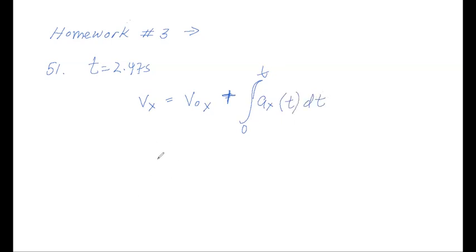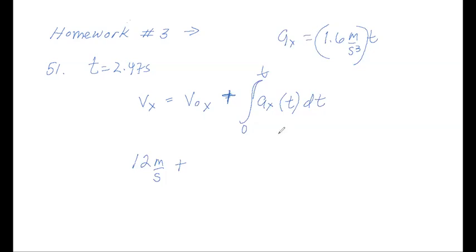And that's going to equal, v naught is 12 meters per second plus 1.6 meters per second cubed times t. That was a sub x.